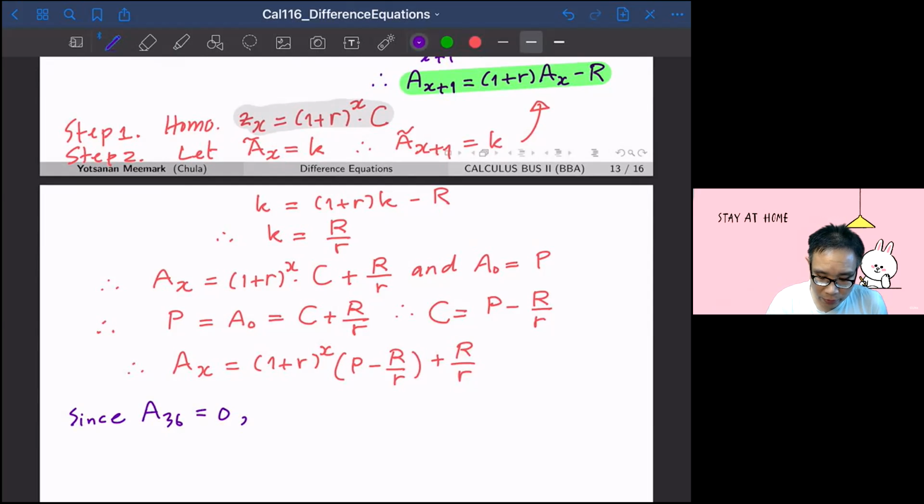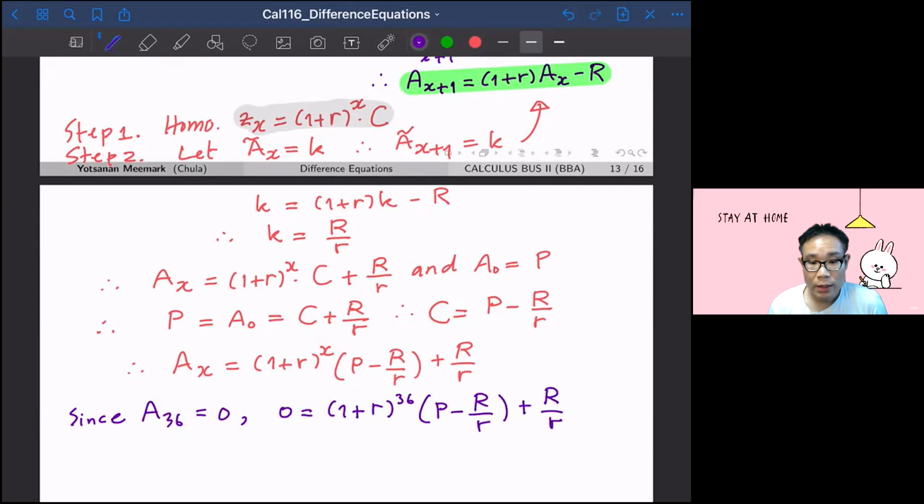So we would get 0 equal to (1 plus r) to the 36, times (P minus R over r), plus R over r, and you want to solve for the capital R.